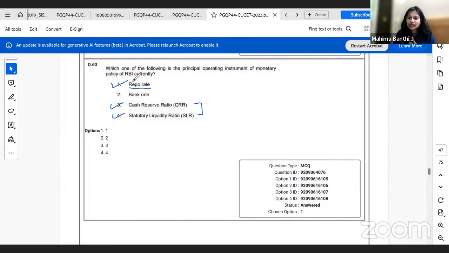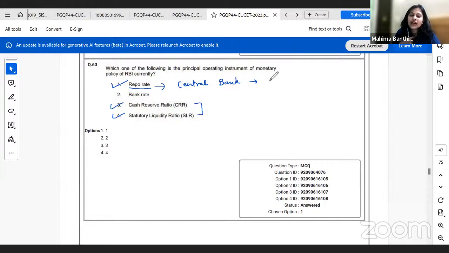So repo rate and bank rate have just a very simple difference. Repo rate is the rate at which the central bank lends money to the commercial bank, but it does so by taking some collateral from the commercial bank, which is usually government securities. That is why it's called repo rate, because it is the repurchase rate.